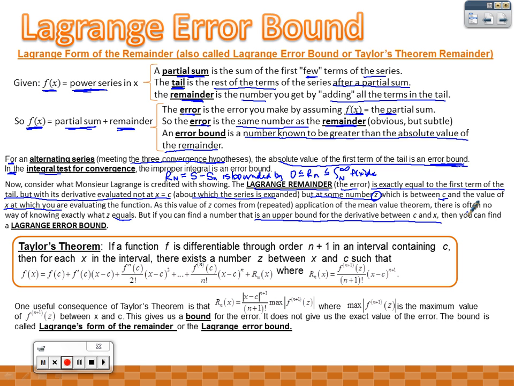So what he came up with was a formula to find the error bound. It's not the actual error, it's a bound. So this theorem right here: if a function f is differentiable through order n plus 1, remember n plus 1 is just a fancy way to say the next term, so it's differentiable through the next term in an interval containing c. I think we all hopefully know by now what c is.